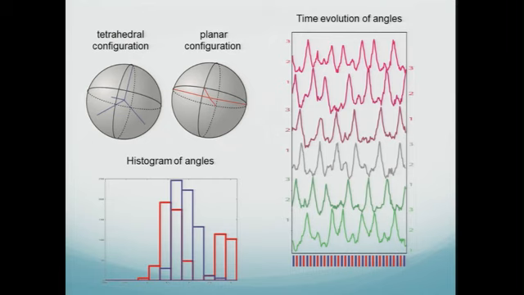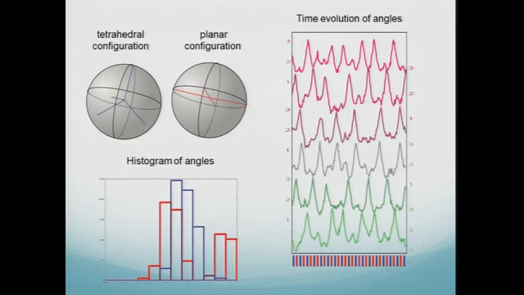In a tetrahedron, you have 6 angles between any 2 points, and they would all be equivalent to one another. In a planar configuration, you would have 4 90-degree angles, and the angles between opposite points would be 180 degrees. And this is a time trajectory of all these angles.